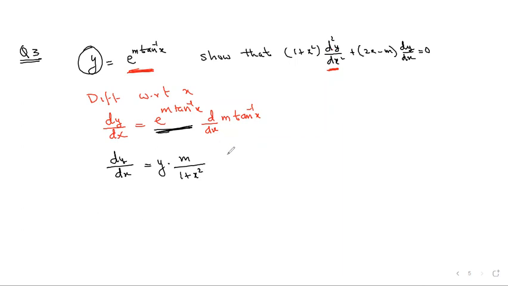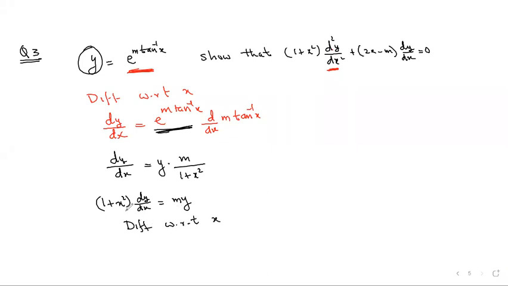Now, this much is our usual method. There's not much difference here. Now, whenever you are given such a format to prove, always cross multiply. Cross multiply. Again, differentiate with respect to x.